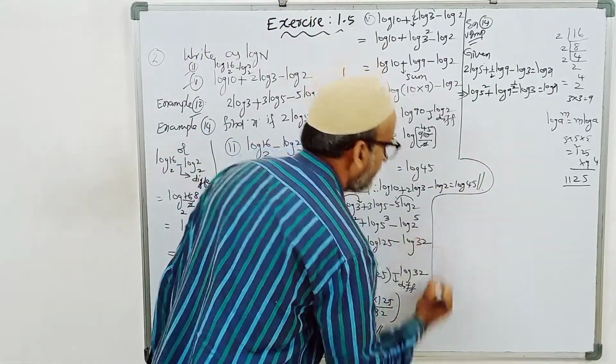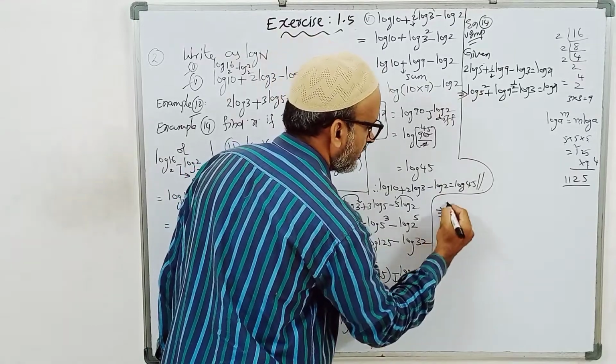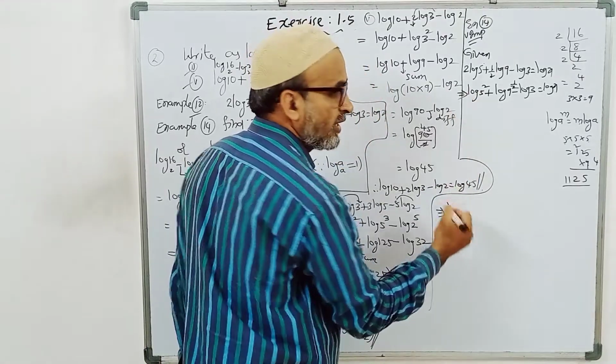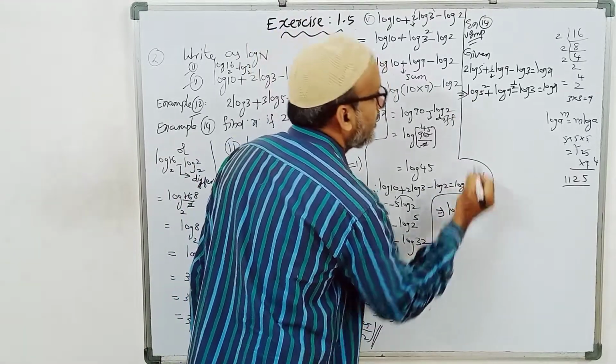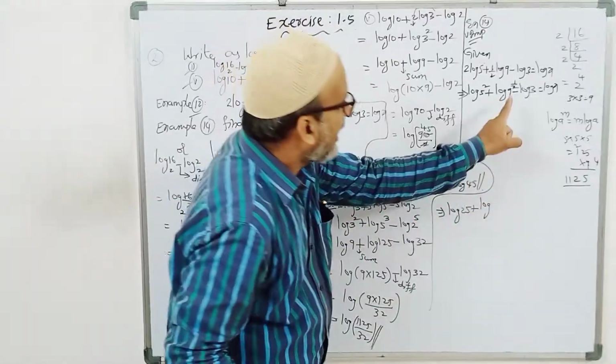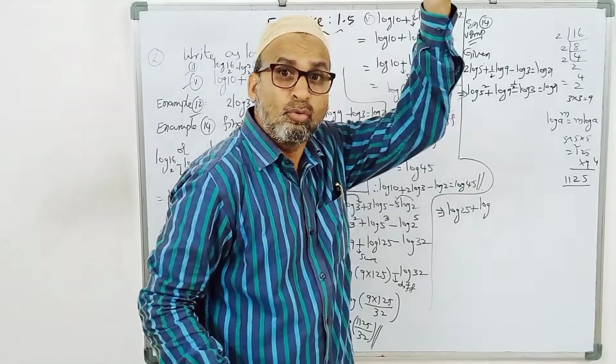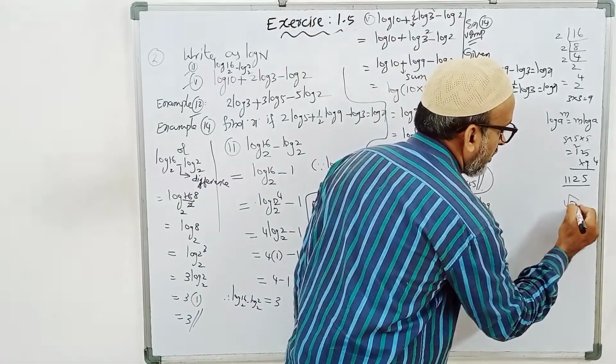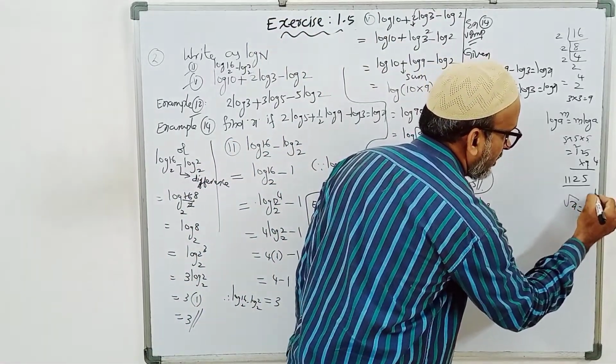Doing here: logarithm of 5 square, 5 into 5 is 25, plus logarithm of 9 to the power of 1 by 2. This step is very important: 9 to the power of 1 by 2 is the square root of 9, since square root of x is x to the power of 1 by 2.